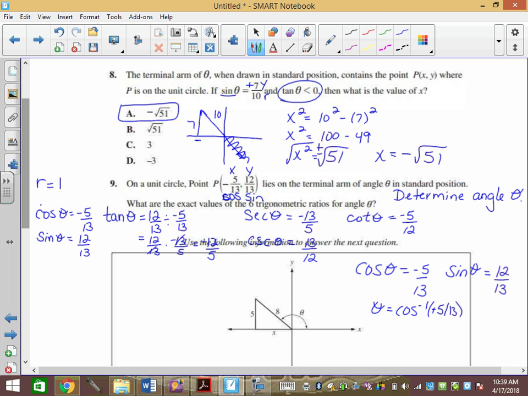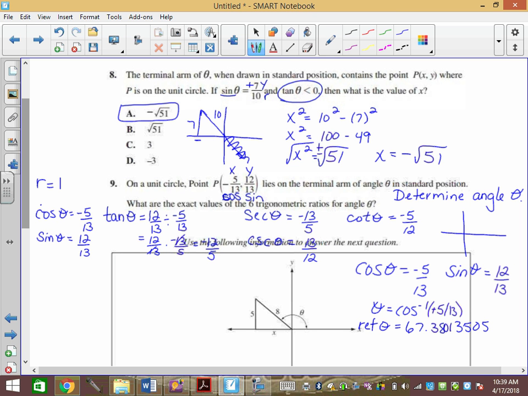So second cos of 5 divided by 13, which is 67.3 and so on. So that's my reference angle theta. Okay? So I know that cos is negative, so it could be in quadrant 3 or 2.